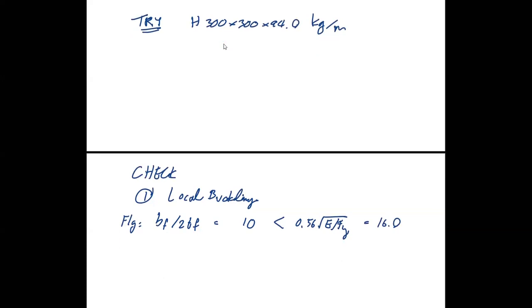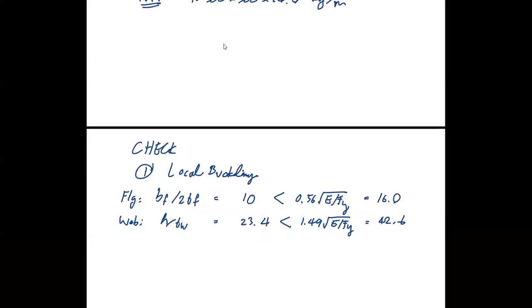And for the web, the H over TW, same number, 23.4. Again, you know now that it's less than 1.49 square root E over Fy, which is 42.6.